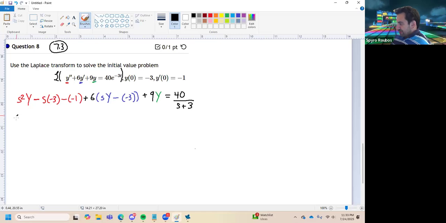Next, we want this to distribute and clean this up a bit. 6sY, this would be plus 3, so times 6 would be plus 18, plus 9Y.